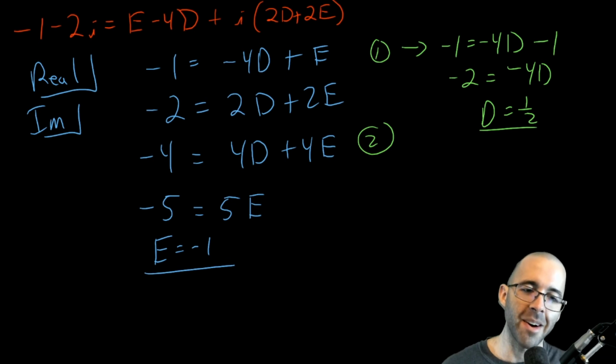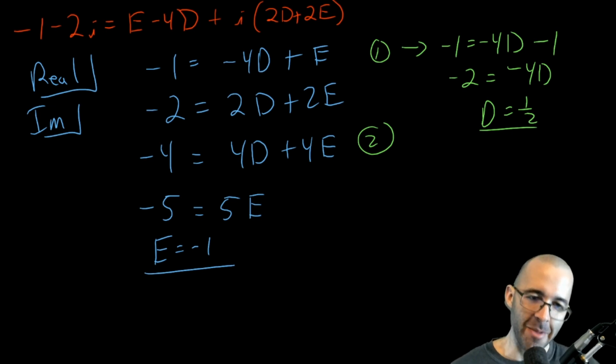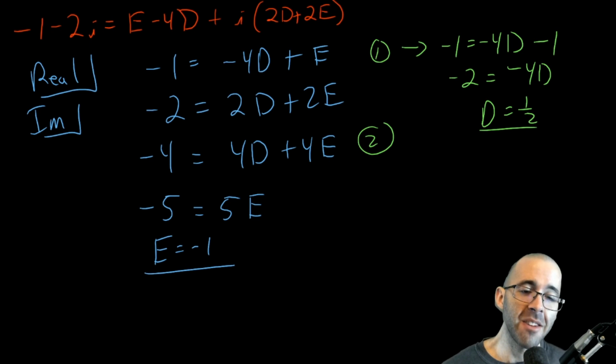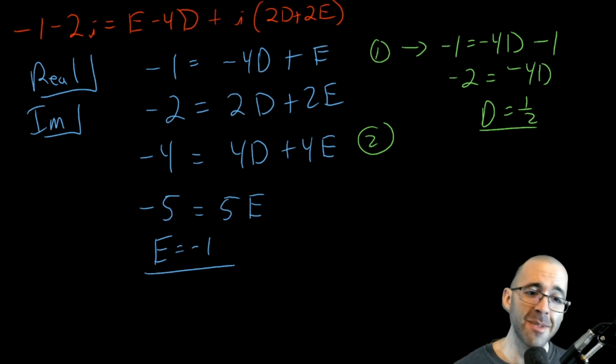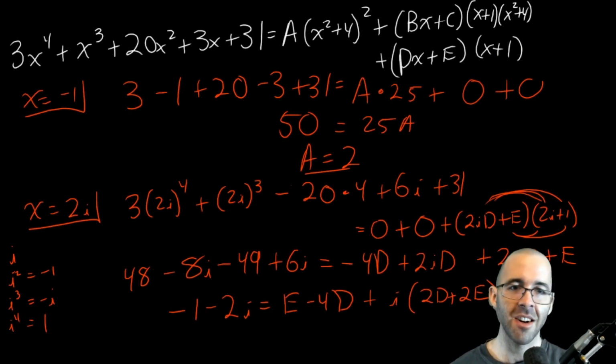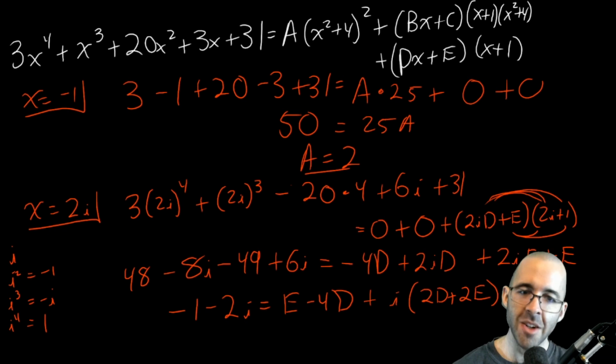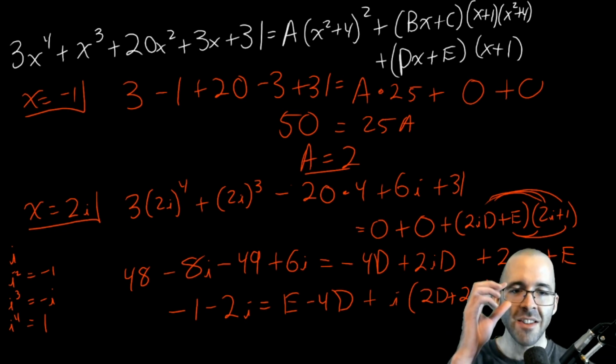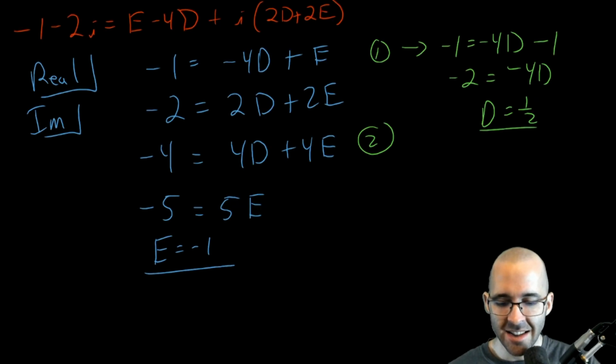And this is the bad part. We have to now use the other method, right? If you have repeated roots, if you have repeated factors, strategic substitution only gets you so far, even with complex numbers. Now we got to take this whole thing that we started with, this whole white thing up top, use what we know about A, use what we know about the other two letters, I forget, and see what we've got. All right.